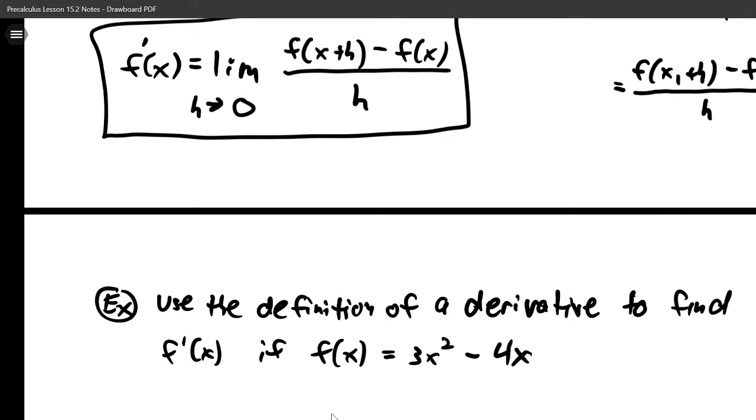So we're going to use this formula up here. And then again, f prime of x will be a new function where this new function calculates the slope of our original function.